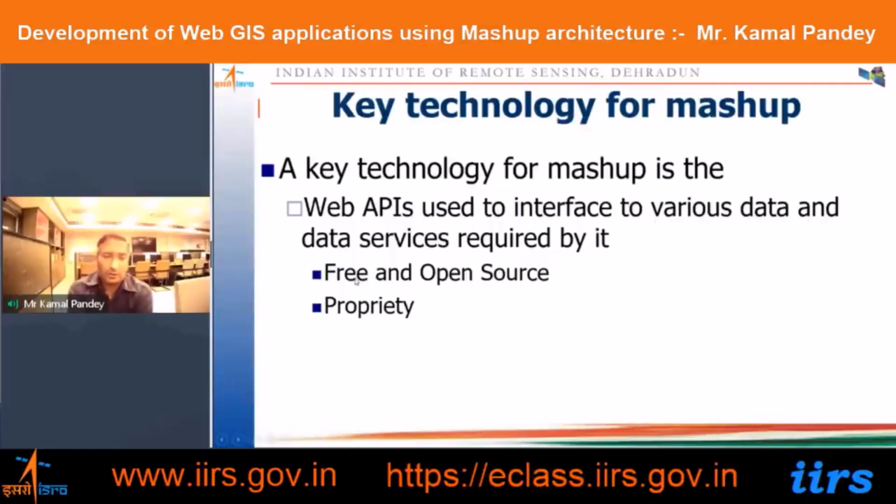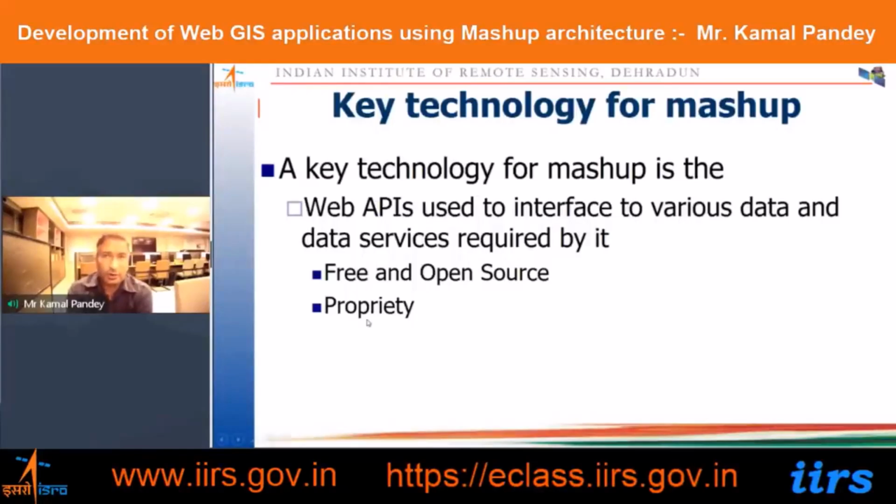The same thing is true with mapping APIs also. There are proprietary as well as open source ones. Google is now charging for the usage of its map APIs. Similarly Esri, and there are many others. They offer both free and proprietary options.